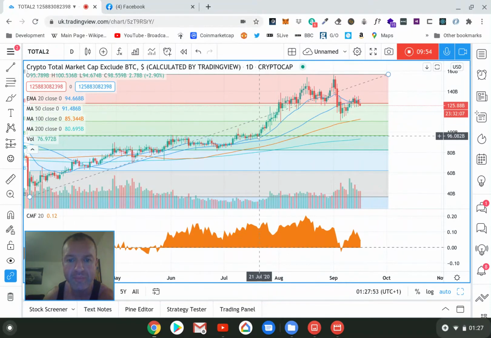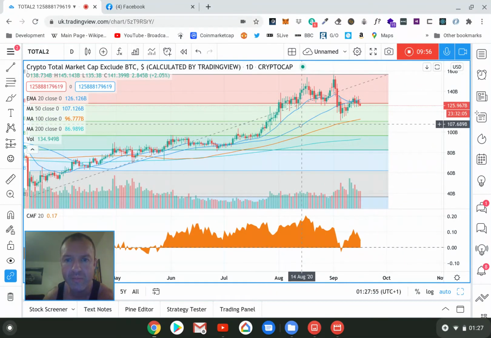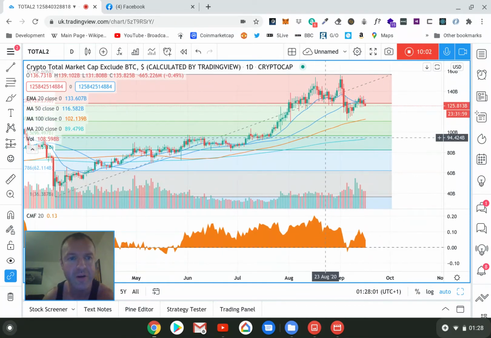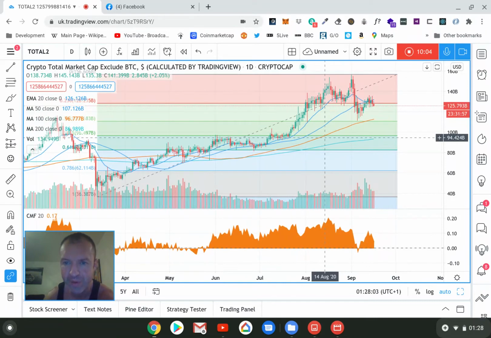But yeah, in late July up till middle of August, we really had good strength across a lot of the DeFis and the altcoins. So that's how I think we're going to play out.